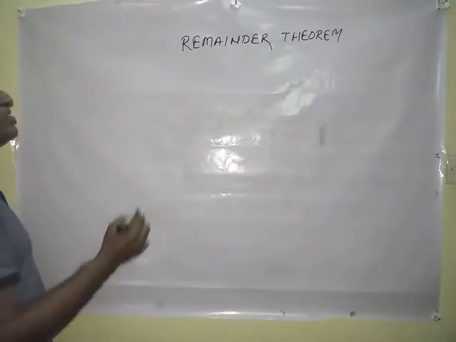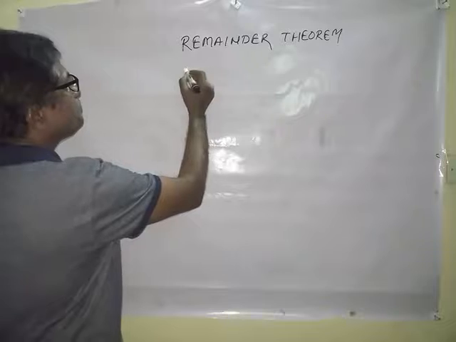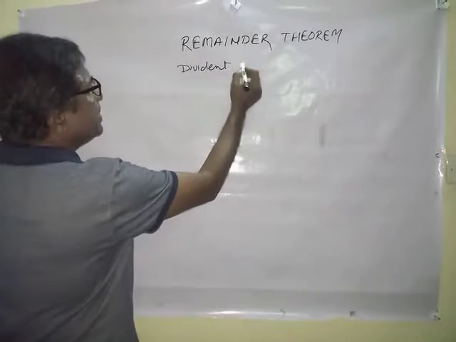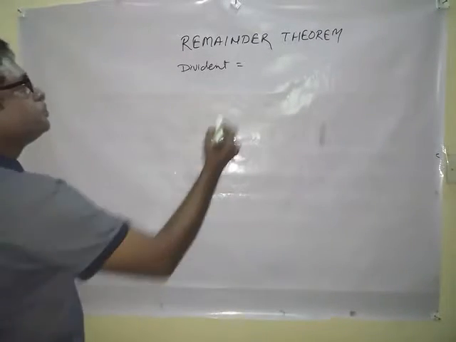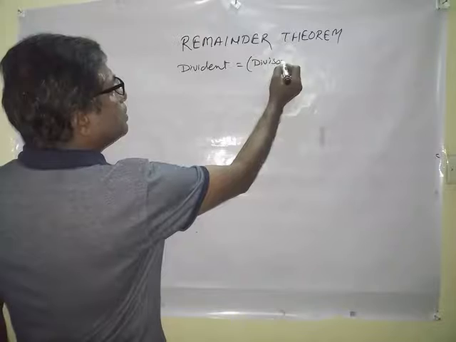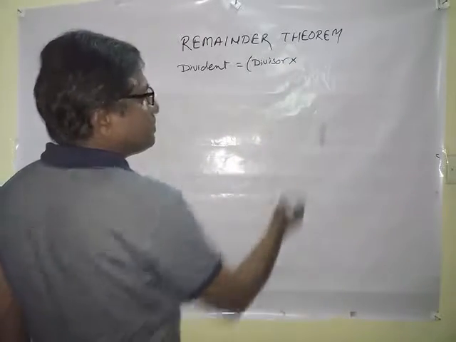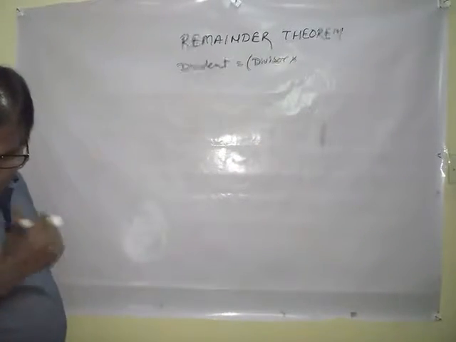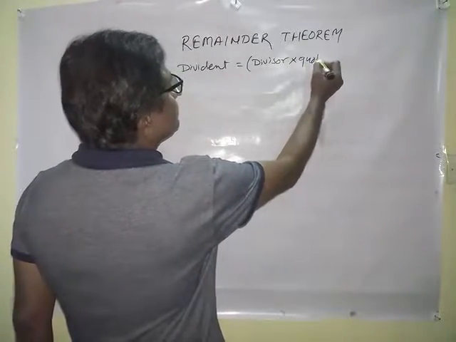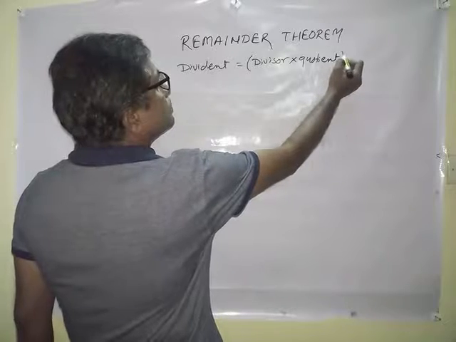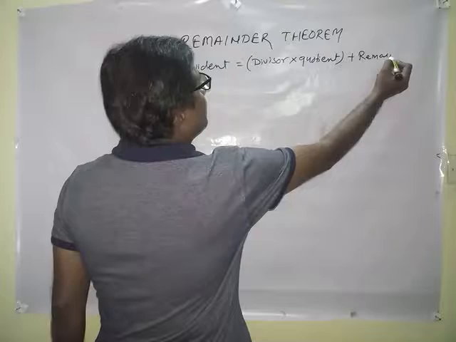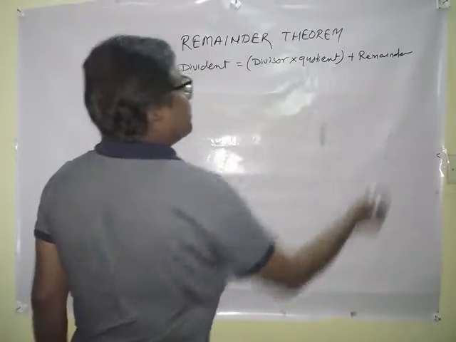In previous classes, we have seen dividend is equal to divisor multiplied by quotient plus remainder.